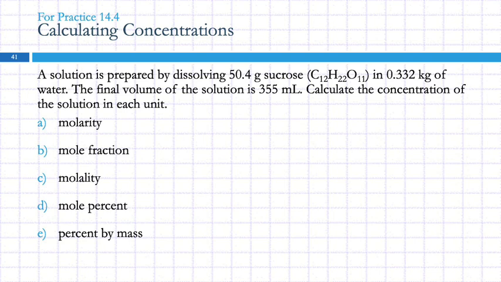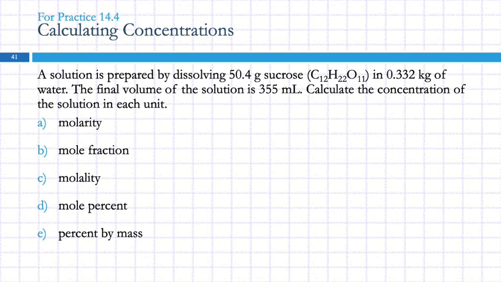So this example gives us some practice in calculating various concentration units. And most concentration calculations do end up being largely dimensional analysis plus then understanding the definition of the concentration unit.